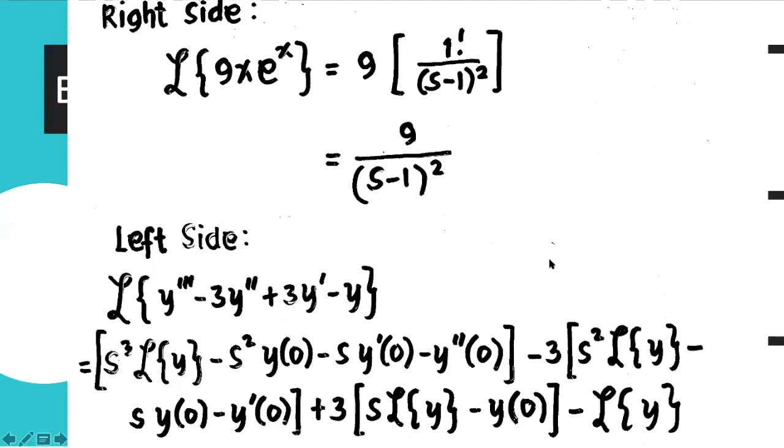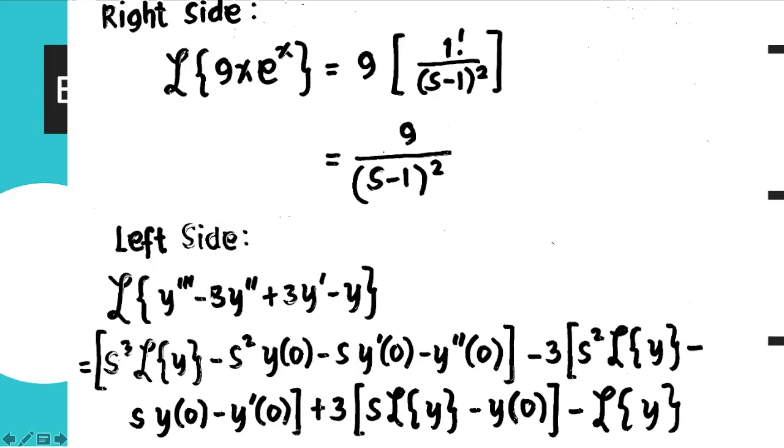Okay, so let's now go to the left side of the equation. So we are going to determine the Laplace transform of y triple prime minus 3y double prime plus 3y prime minus y. Okay, so the first term is we take the Laplace of the third derivative. And that is, using the formula, s cubed times the Laplace of y as our first term minus s squared times y of 0 minus s times y prime of 0 minus y double prime of 0.